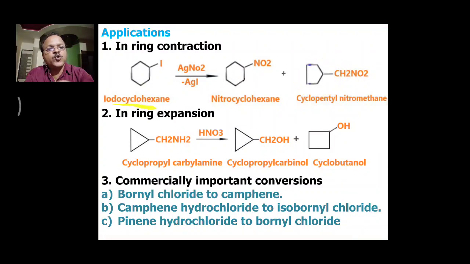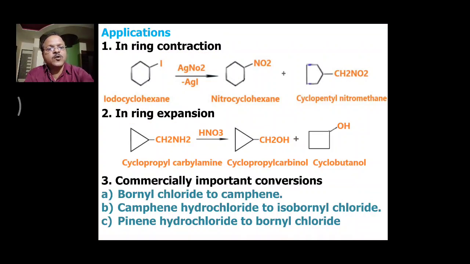This is iodocyclohexane, on reaction with silver nitrite, it forms nitrocyclohexane and cyclopentyl nitromethane. So this is the smaller ring compound. This is a 6-membered compound and this is a 5-membered cyclic compound. So there is contraction.